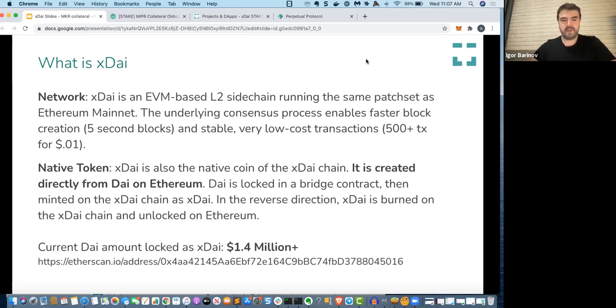So we decided to have a path where our consensus and all modifications that we're making to xDAI are also contributed to two core Ethereum clients. So xDAI is supported natively, without any additional commands to run it or patch sets, in Nethermind and OpenEthereum, which are two core Ethereum clients. And that's what we meant by keeping the same patch set level as Ethereum 1.0, right?